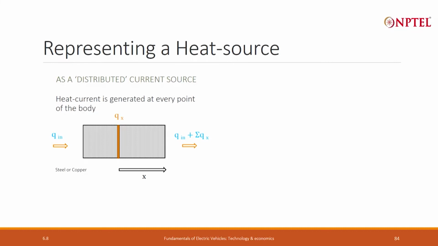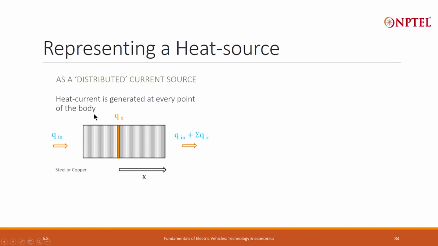So, when I look at a heat source like, let us say, copper, heat is getting generated at every point in the body, and the heat getting generated at any one slice of the body is travelling through a certain length before it exits. So, it is encountering a body resistance which is proportional to the distance where it is getting originated.